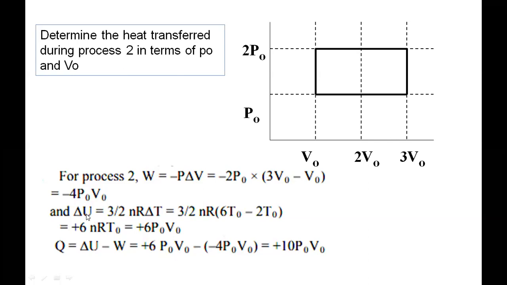And we know that delta U equals 3/2 nR delta T, which equals 3/2 nR times delta T, which is 6 T naught minus 2 T naught, which equals plus 6 nR T naught, and in this case 6 P naught V naught. So Q equals delta U minus the work, which equals 6 P naught V naught minus minus 4 P naught V naught. The result equals 10 P naught V naught.